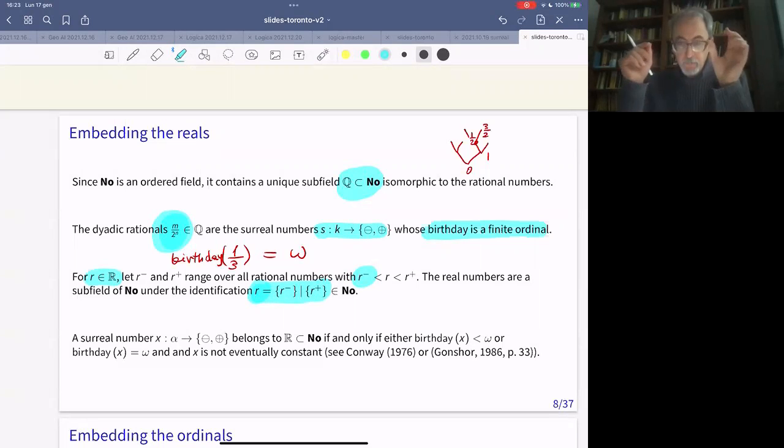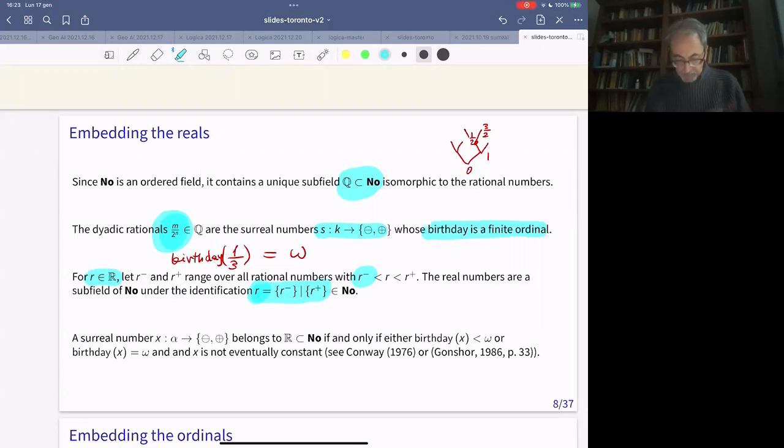So the real number produces a cut in the dyadic rationals. If you want to identify your real number with a surreal number, you just take the simplest surreal which determines the same cut on the dyadic rationals.